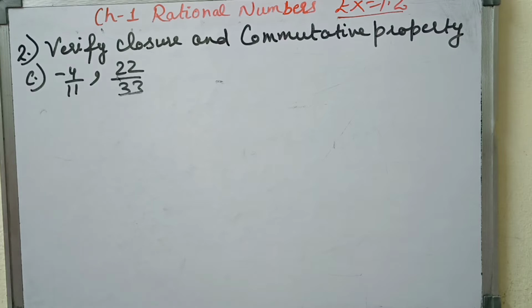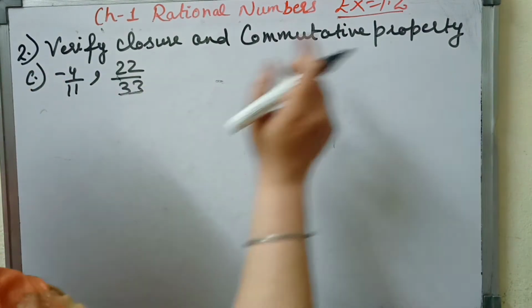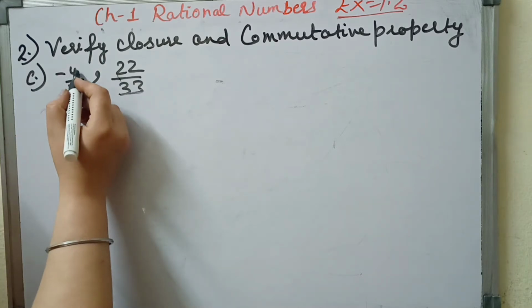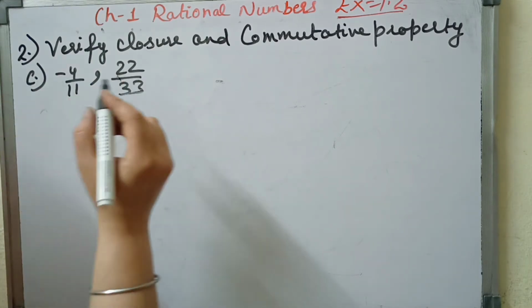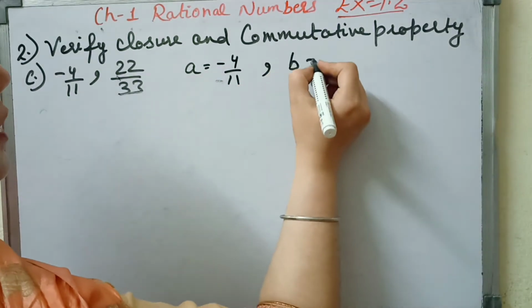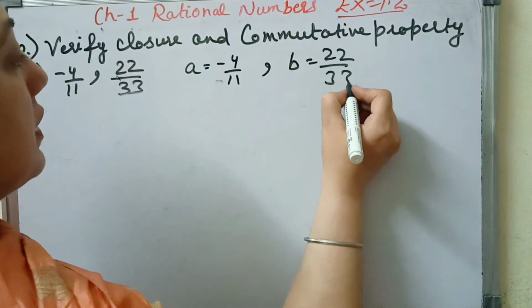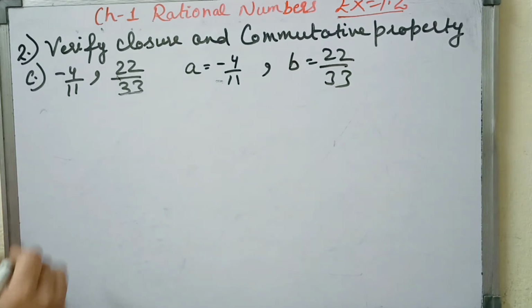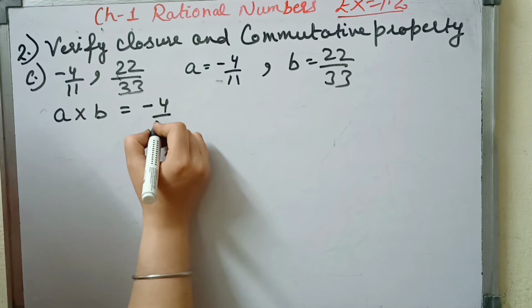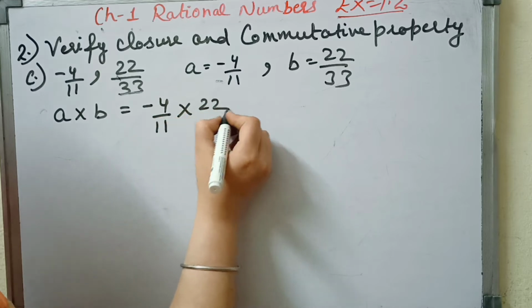Sum number 2 is verify closure and commutative property. And I will solve the part C, that is minus 4 over 11 and 22 over 33. Now let us take A as minus 4 over 11 and B as 22 over 33. According to the closure property of multiplication, A into B, I will get minus 4 over 11 into 22 over 33.